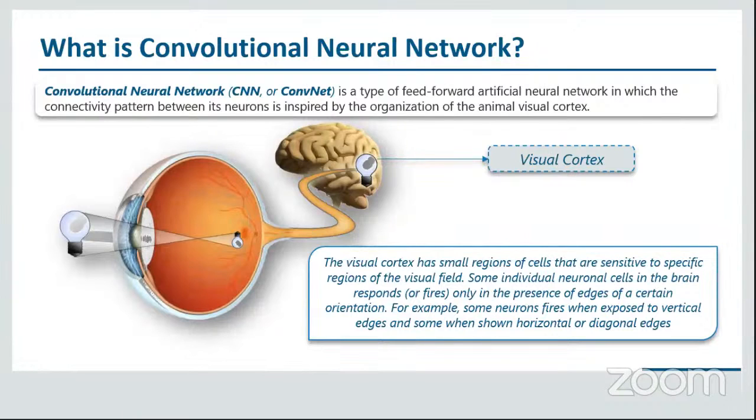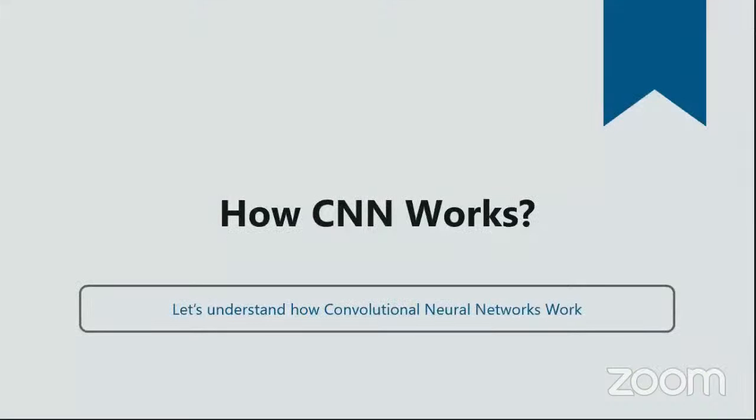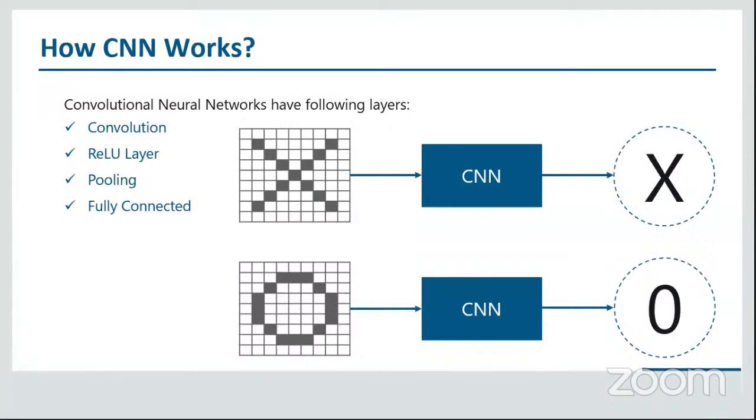The visual cortex is a region in the brain where the stimulus gets fired based on certain sections. So we are trying to replicate the same in our programming approach using various layers: a convolutional layer, a ReLU layer, a pooling layer, and a fully connected layer.